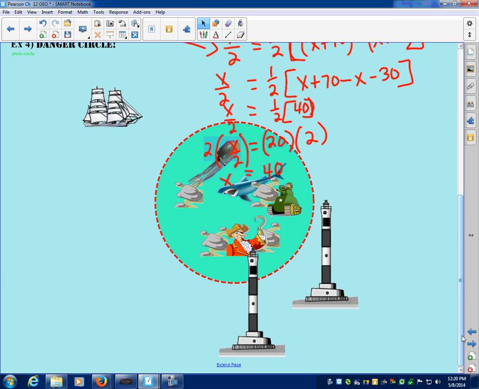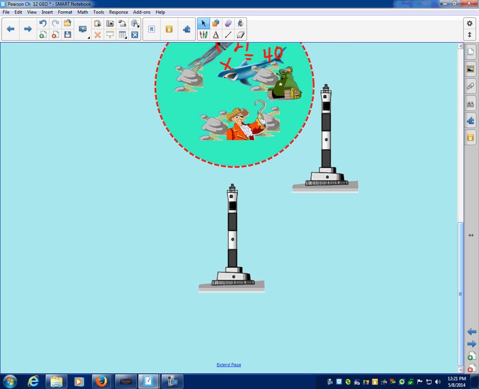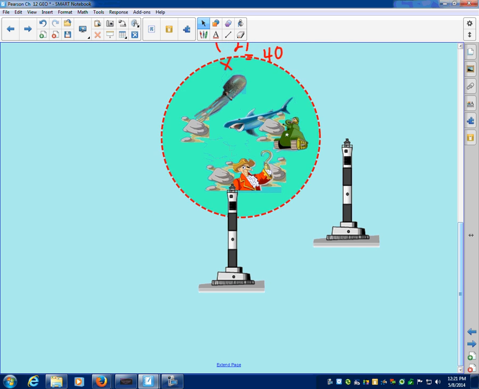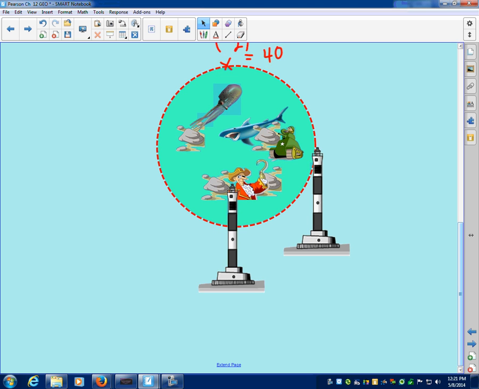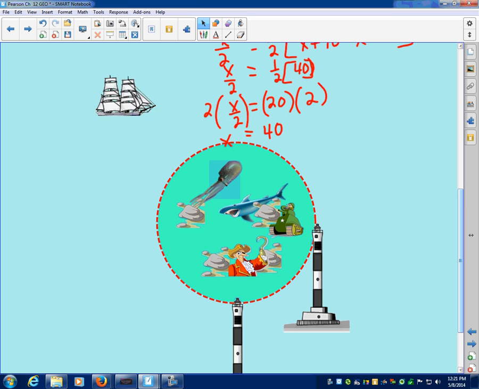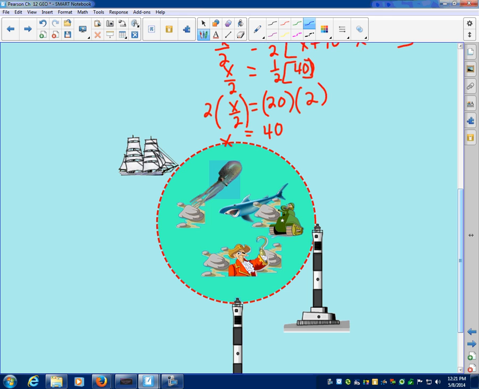There's the danger circle. So the idea is this. Let me move this down a little bit. Put one right here, maybe. And then I've got to get my boat down here. So it says that this is 120 degrees from here over to here.